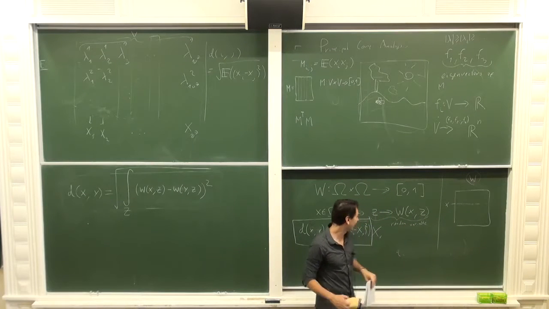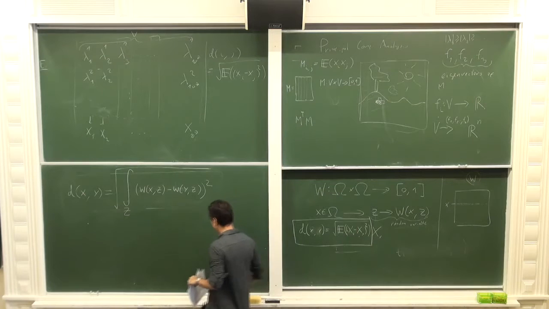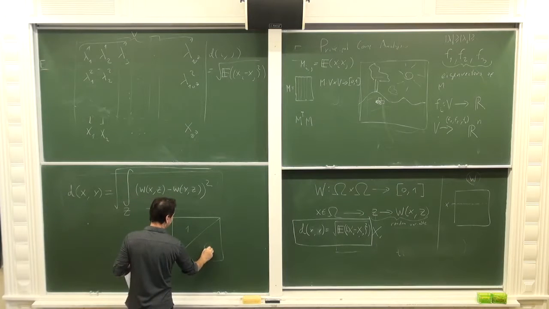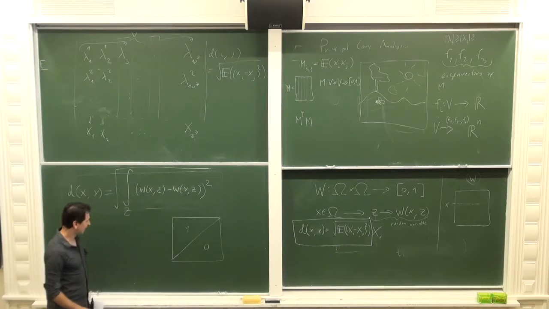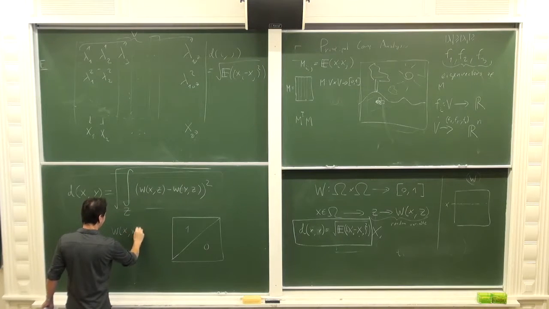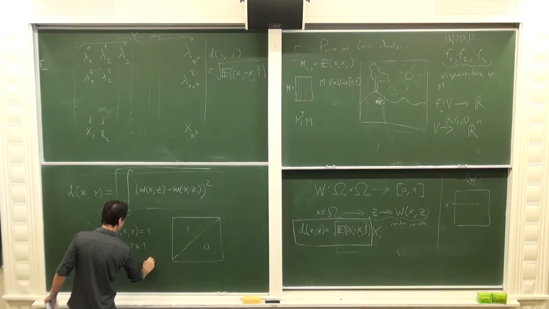And I will give you an example for this. So consider this graphon, which is just W(x,y) is equal to 1 if x plus y is at most 1, and otherwise it is 0.